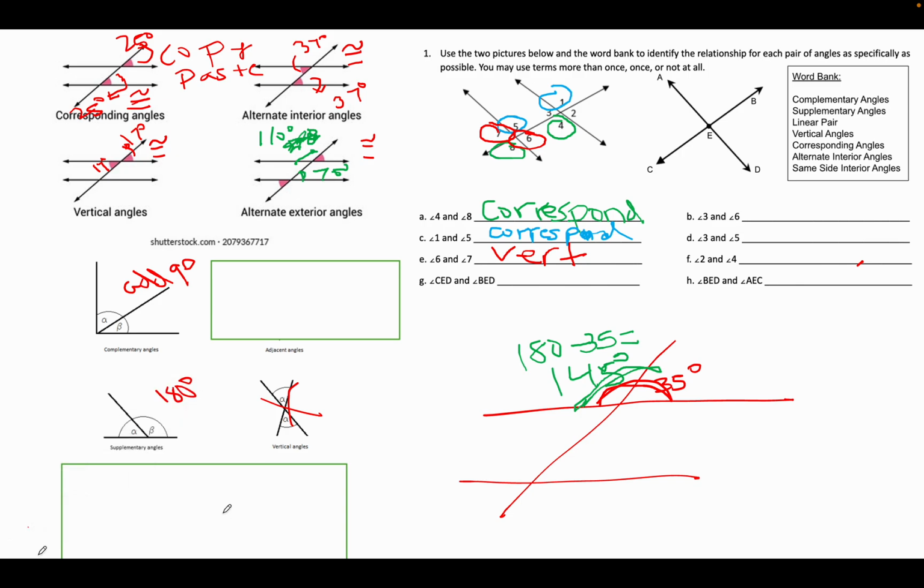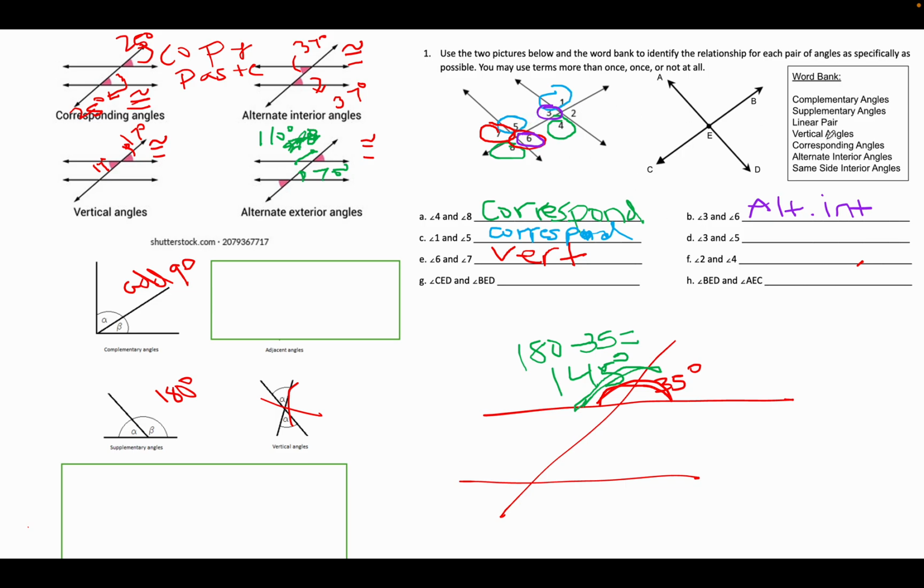Go with purple here. I'm going to keep with the numbered ones and then we'll go into the CED, BED. So I'm going to save G and H for last. So 3 and 6. 3 is right here, 6 is right here. Those are alternate interior angles. Three and 5.